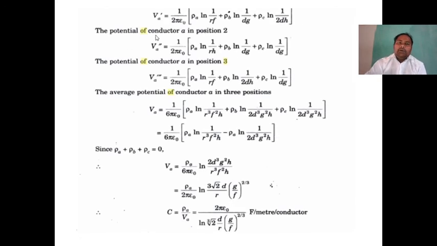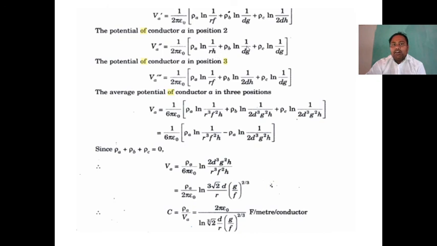Next, the potential of conductor A in position 2: 1 by 2 pi epsilon naught [rho A log 1 by RH plus rho B log 1 by DG plus rho C log 1 by DG]. Here also, in the second stage, conductor A comes to the second position. The distance in rho A log 1 by RH is between conductor A to A and also conductor A to A dash.